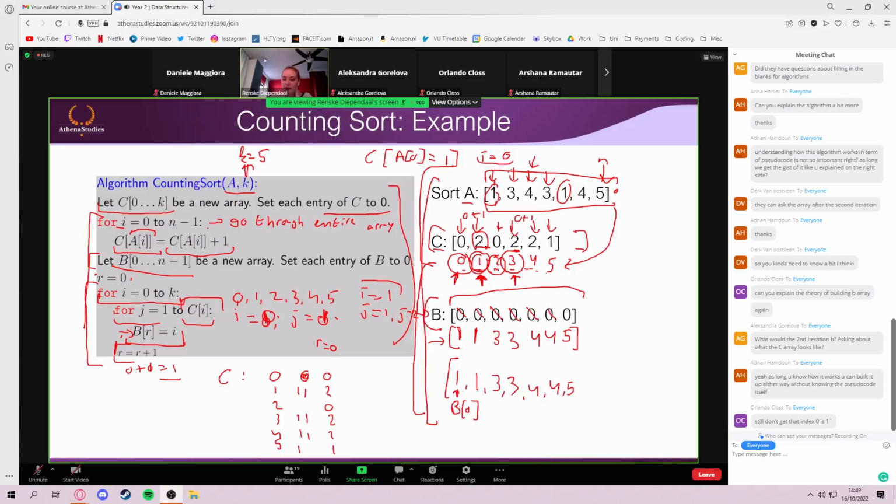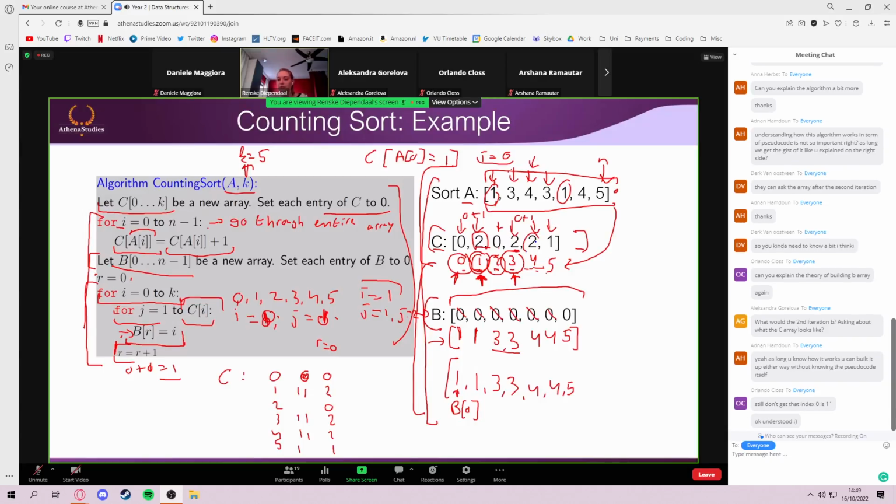Then the index 2 that we have over here is counted 0 times, so 2 is going to be in this array 0 times. And then the 3 index is counted 2 times, so you just write down two threes, so you get 1 and 2 threes. Then the 4 is counted 2 times, so you put down the 4 2 times, and then the 5. All right, I think most people get it now, right?